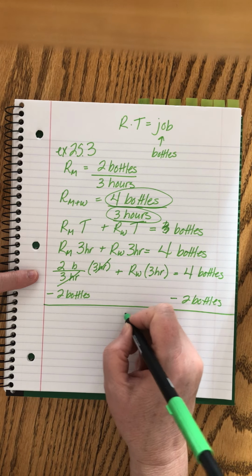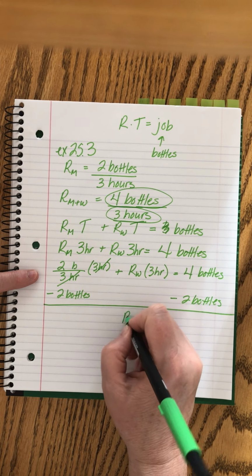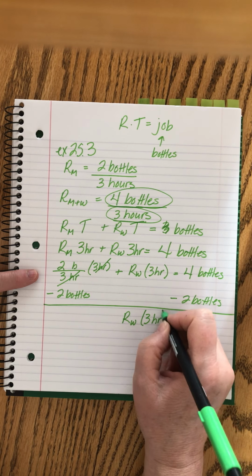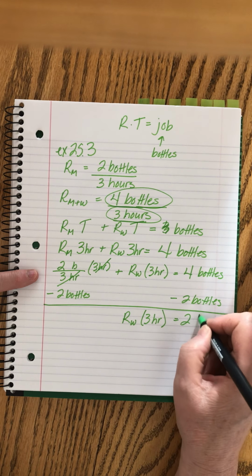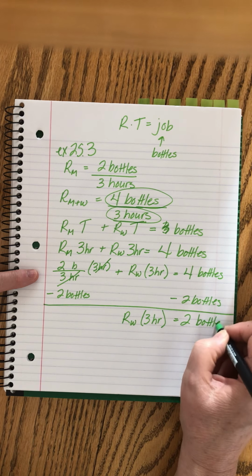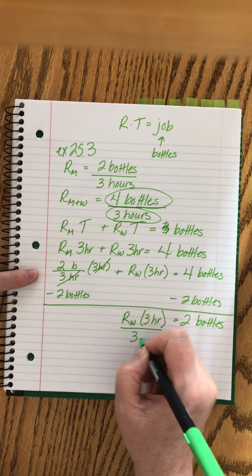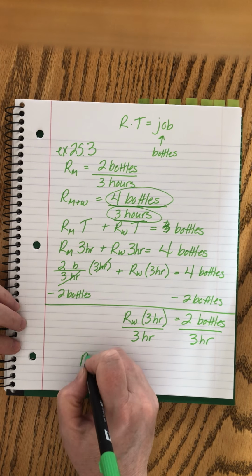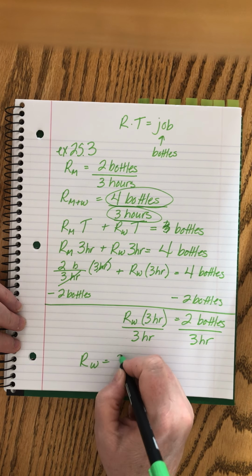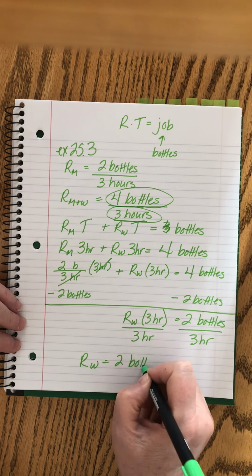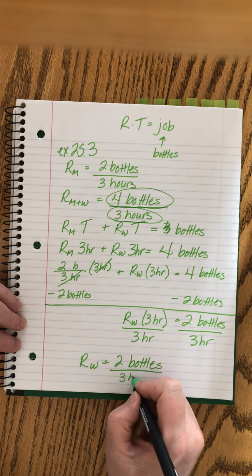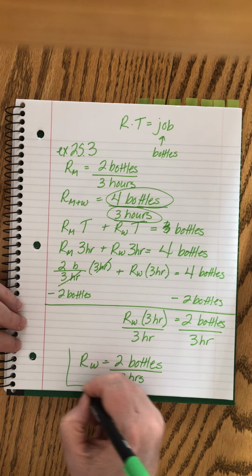And what we get is the rate of Wilbur times 3 hours equals 2 bottles. And then we can just divide away the 3 hours. And we find that the rate of Wilbur equals 2 bottles every 3 hours. And that's the correct answer.